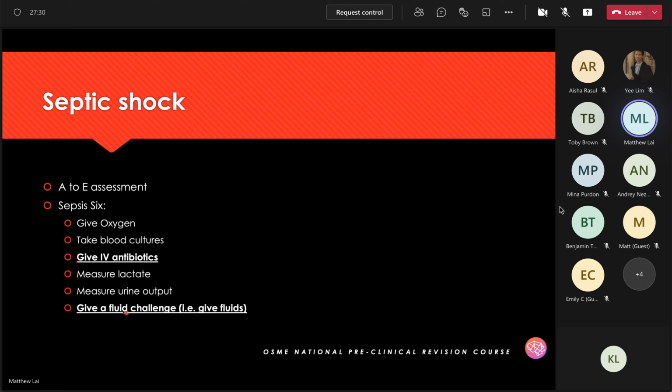And we say give a fluid challenge, because we're able to determine their fluid balance as we would have gotten their urine output as well. So basically give antibiotics and fluids. And you would do these other things such as taking blood cultures to see what kind of bacteria are responsible, and you give oxygen as well.